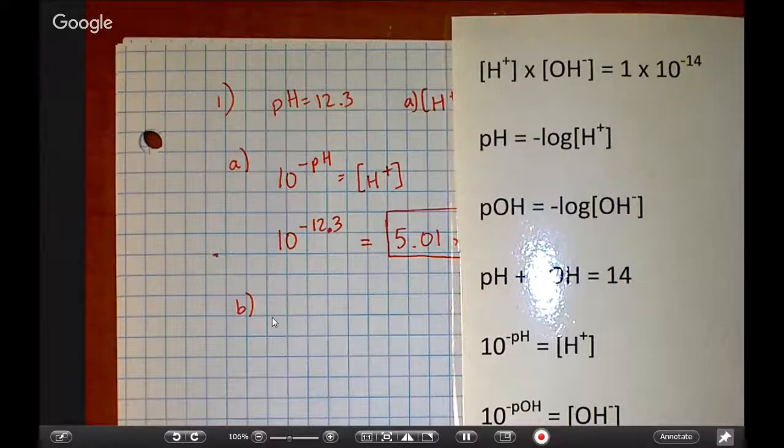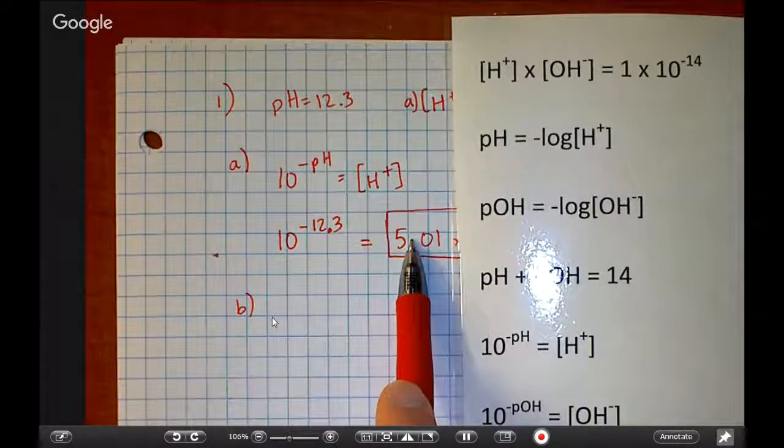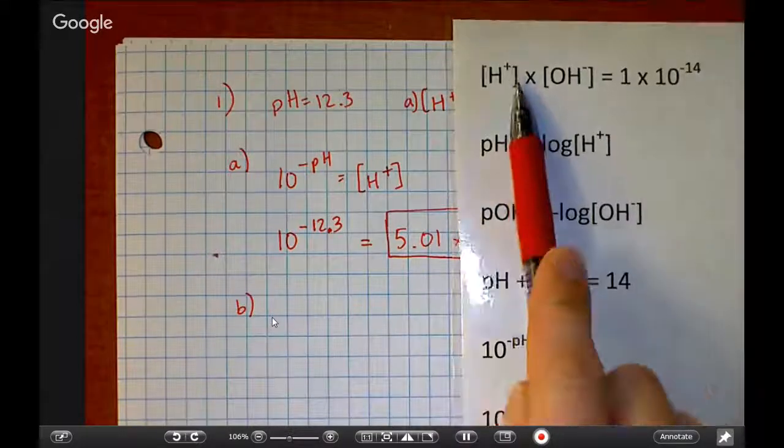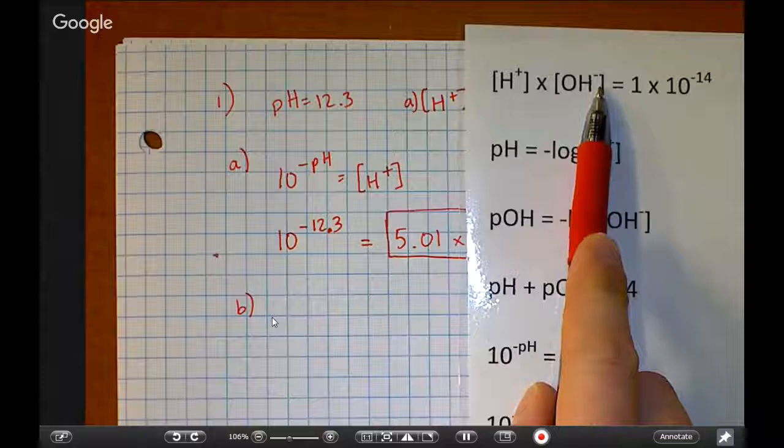The last one requires us to know pOH, which we can use if we solve for pOH first, and we can. But right now we know pH and we know H plus, so we could use the first equation, and that would allow us to solve for hydroxide.